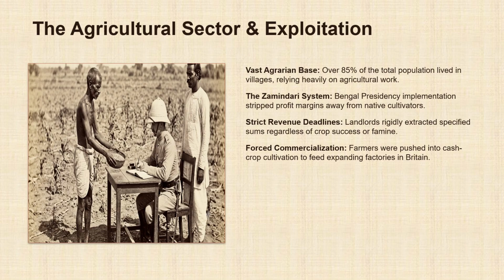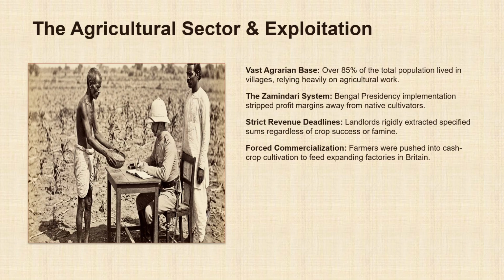Look at the image on the left, which mirrors the reality of the Zamindari system introduced in the Bengal Presidency. Even though 85% of our people relied on farming, the sector faced chronic stagnation. And why so? Because of the British agriculture policy.